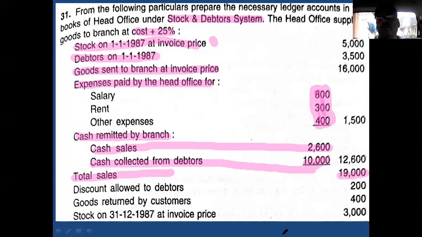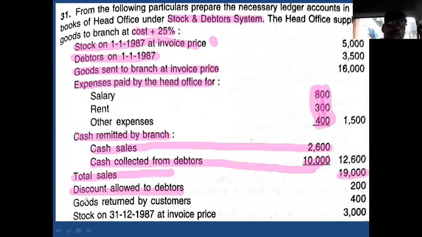16,400 credit sale comes in the branch stock account credit side, and in the debtors account debit side. The next is discount allowed: debtors account credit side, and under the head debtors in the expense account debit side. Twice you have to take.